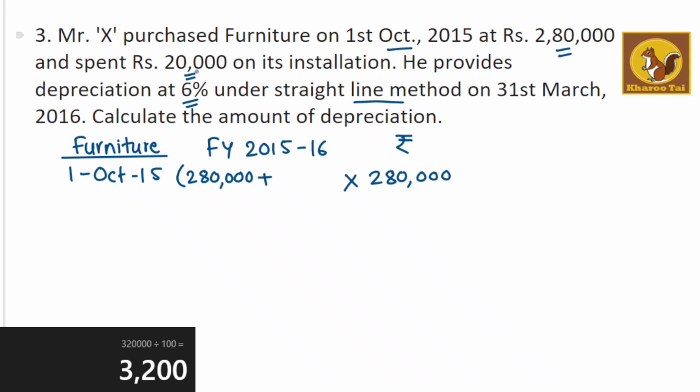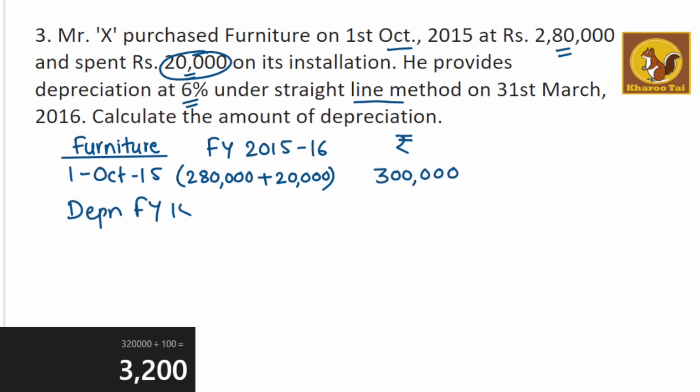So in this case, the 20,000 that is spent on installation, we will add to cost of acquisition. So the cost of acquisition will be 3 lakh. Then depreciation for financial year 15-16 will be 3 lakhs into 6%.